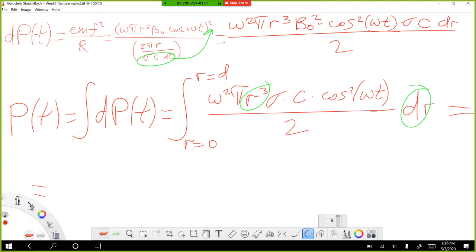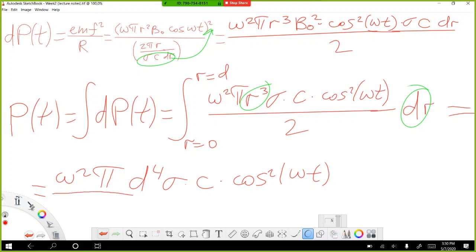If we integrate it and put d instead of r, we will have omega squared p d to the fourth power sigma c cosine squared omega t over 8.